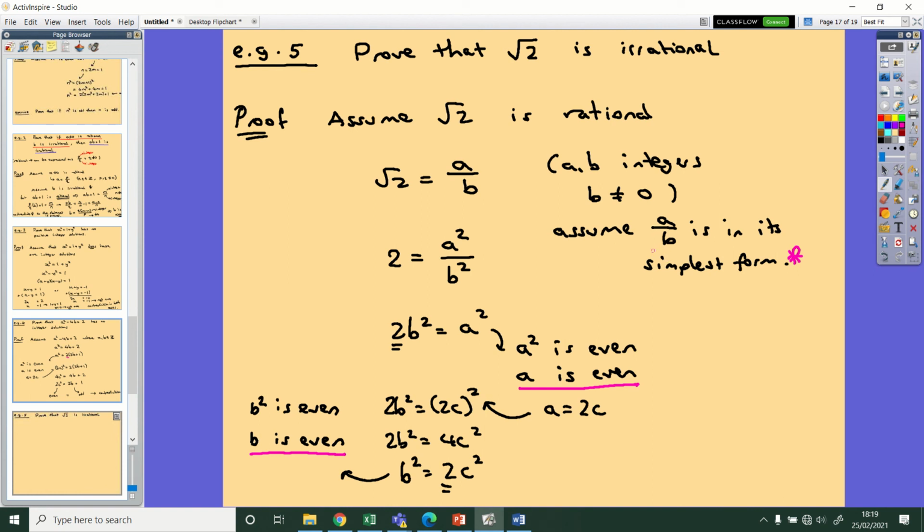So our contradiction has been reached. We basically discovered a fraction that can't be put in its simplest form, and that's a contradiction. And because of the contradiction, that means that root 2 must be an irrational number.